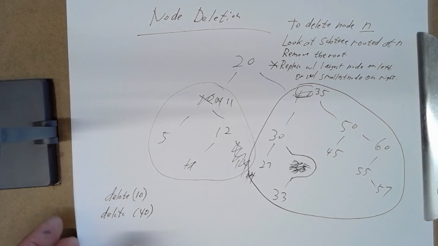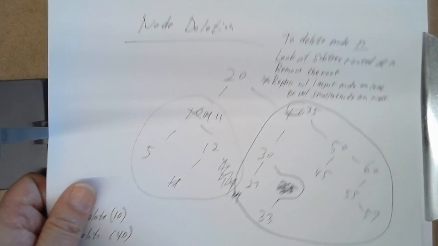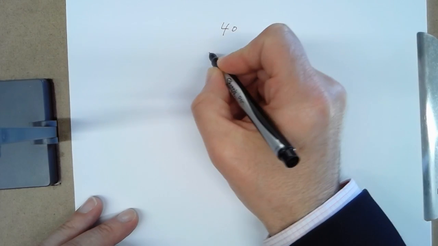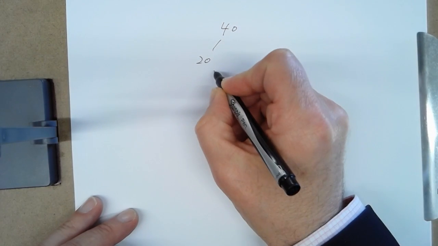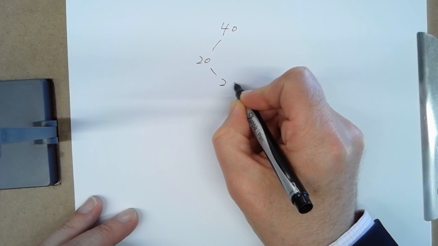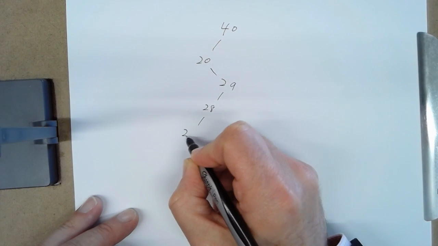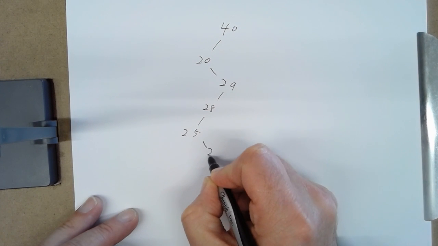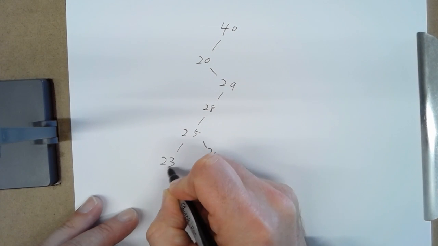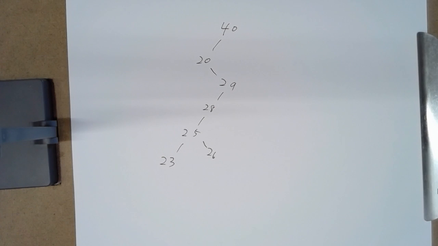And so here's what this can look like in a more extreme case. So there's a quirky looking tree.